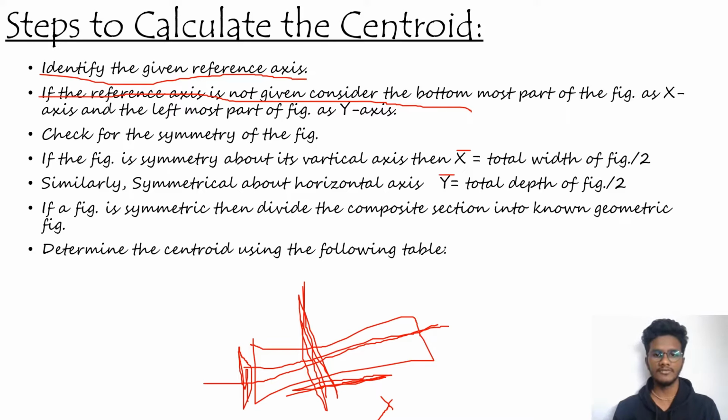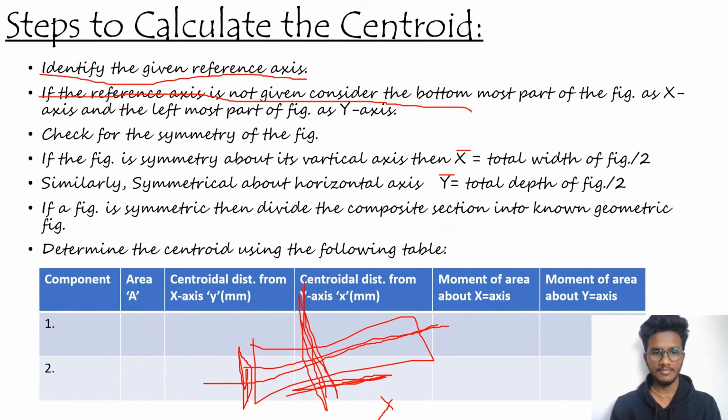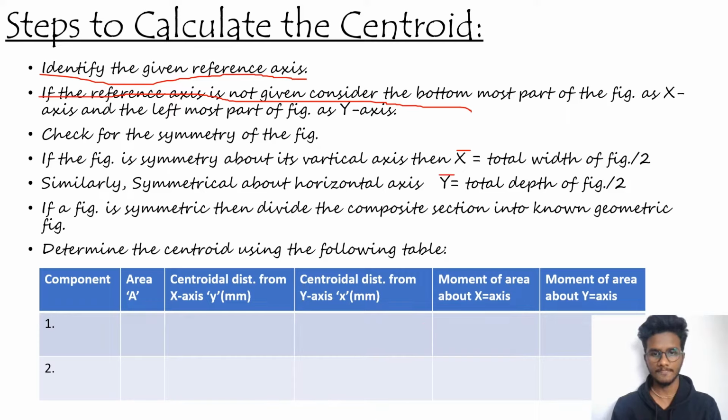Determine the centroid using the following table. This is the table, in which there are 6 columns, mainly components. In this we will note down the shapes given in the problem.